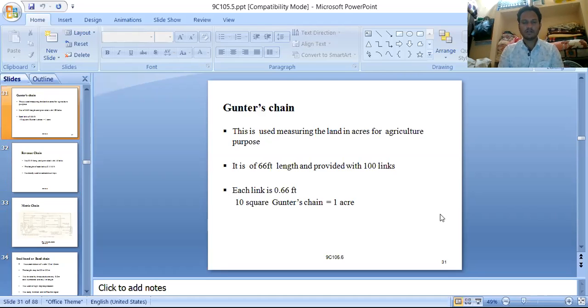The specialty of Gunter's chain is, if we lay 10 Gunter's chains vertically and horizontally, the area covered under the 10 square Gunter's chain is 1 acre. This is the specialty of Gunter's chain, which is used for measuring especially agricultural lands.